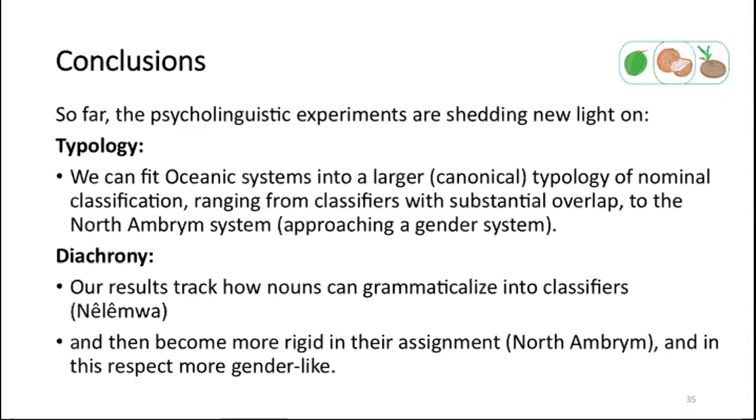We can also track the diachrony of development of gender, and our results show how nouns can grammaticalize into classifiers, as shown by the data from Nêlêmwa, and then also how they become more rigid in their assignment, for instance, in North Ambrym, and in this respect, more gender-like.